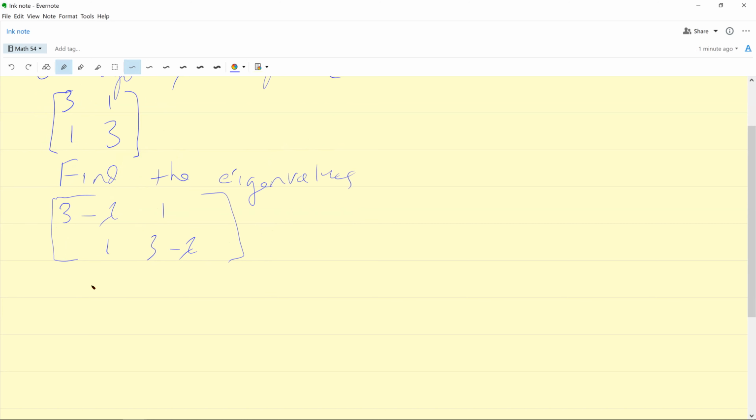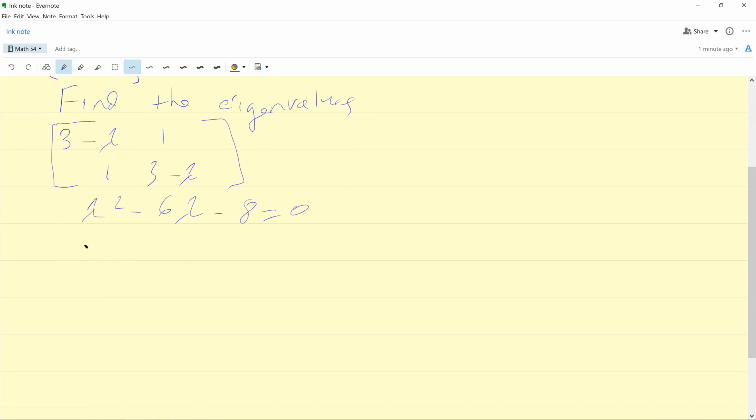Lambda squared minus 6 lambda plus 8. We set that equal to 0, and that factors as (lambda minus 2)(lambda minus 4). So our eigenvalues are going to be 2 and 4.